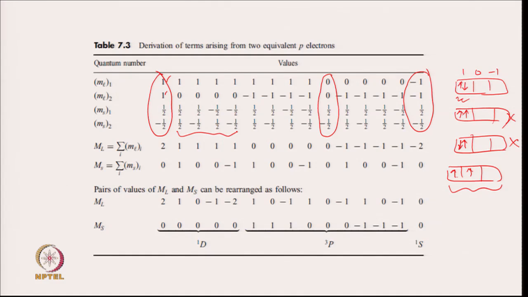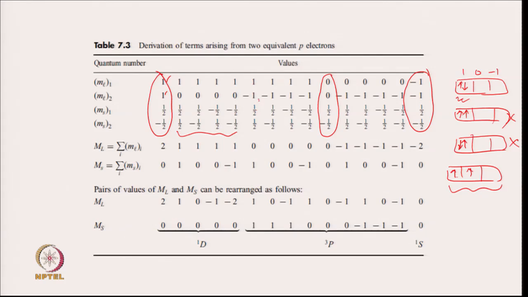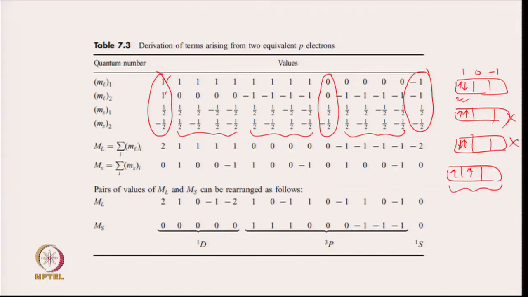So, we have written all the possibilities. Now, similarly, if I take 1, minus 1, then I have 4 possibilities, and if I take 0, minus 1, there are 4 possibilities. So, we have looked at every case. So, 1, 1, then 1, 0, 1, minus 1, and for 0, 1, I did not take it because 0, 1 is the same as 1, 0. So, these 4 we have already taken into account.